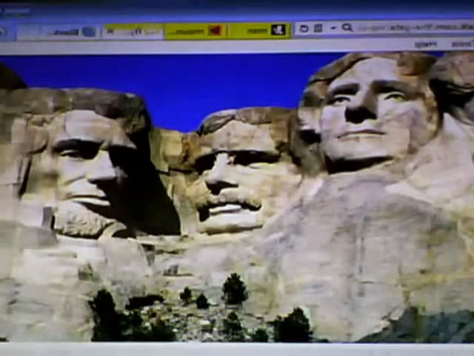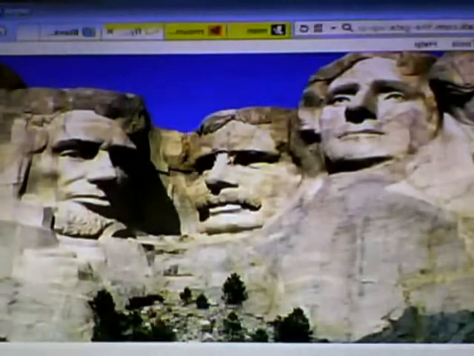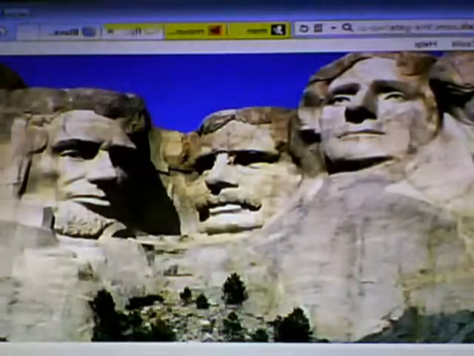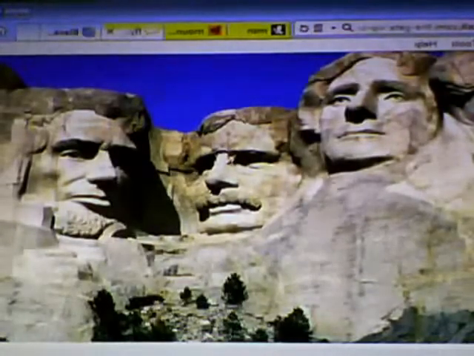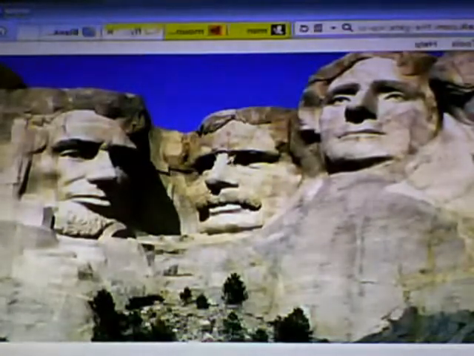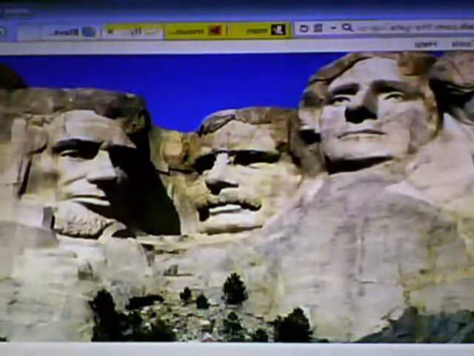With Timothy McVeigh, he kept talking about there being an ex-person, somebody else involved. I believe that this mysterious black ex-person that everybody keeps talking about is the Ku Klux Klan.